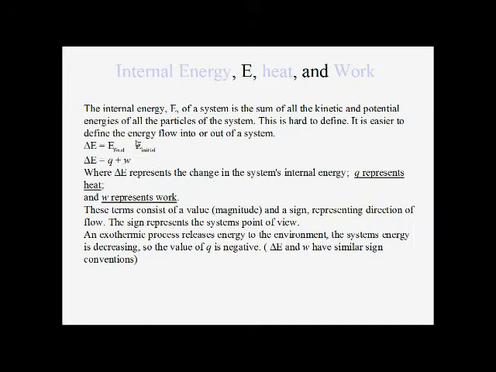So if we have a higher initial internal energy and a lower final, that means we've lost energy. Then final minus initial, small minus large, will give us a negative delta E. So if we lose heat, we'll have a negative heat. If we do work, we have a negative work.